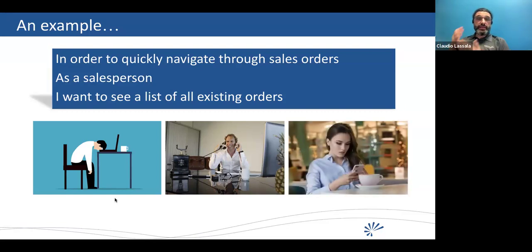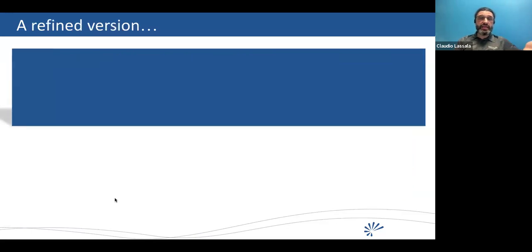Or is it somebody sitting at a coffee shop trying to communicate with a customer using their cell phone? What is the situation? Because for each one of those, the solution is going to be different, right? So having that kind of conversation is important.